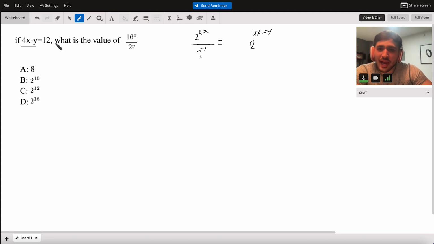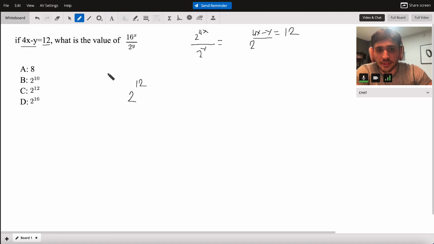And what is 4x minus y equal to? Well, it is equal to 12. That's what the equation tells us, right? So if 4x minus y is equal to 12, then this 4x minus y is also equal to 12. So we can rewrite this 4x minus y as just 12. So now we have 2 to the power of 12.